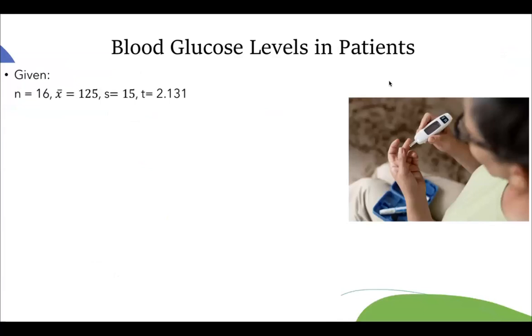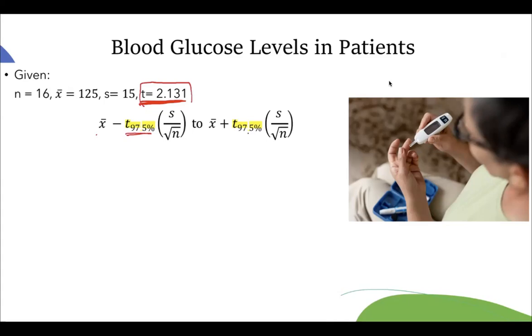So now let's plug into our formula, knowing that we have an actual value for the t-score instead of that notation. So let's plug in for x bar 125. For the t, we're going to be plugging in 2.131, and s will plug in 15, and n is 16.